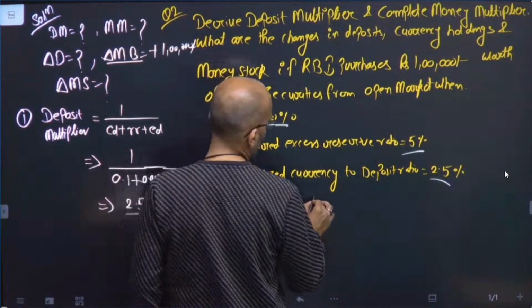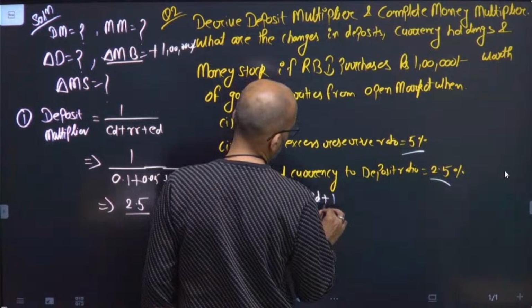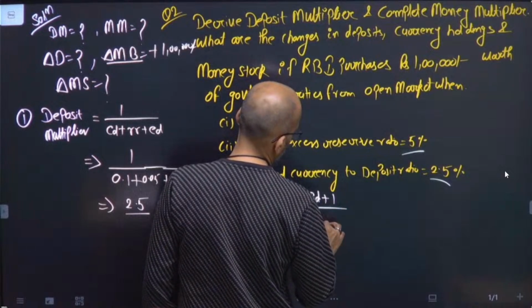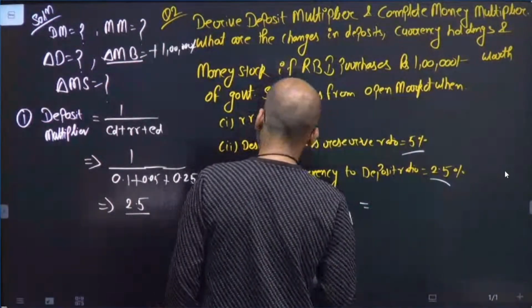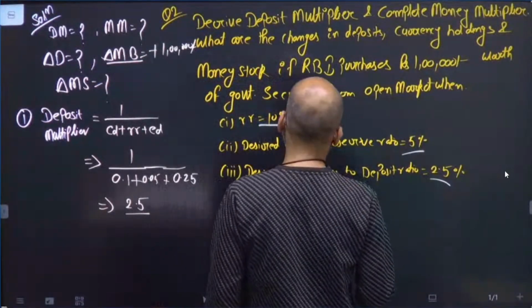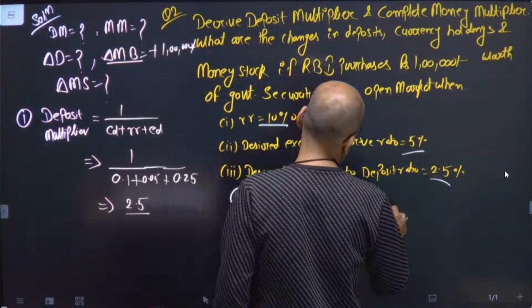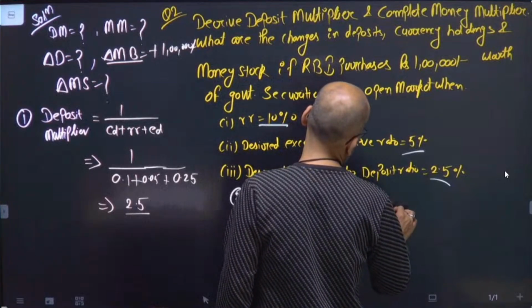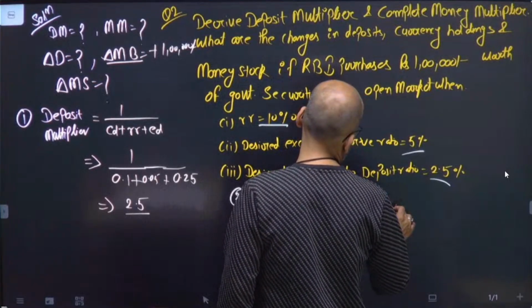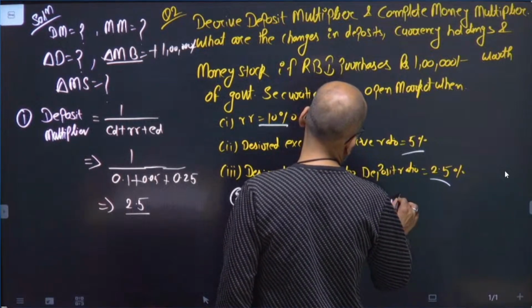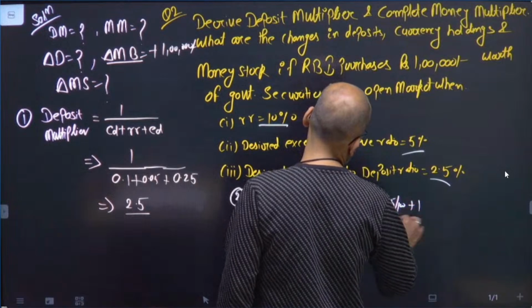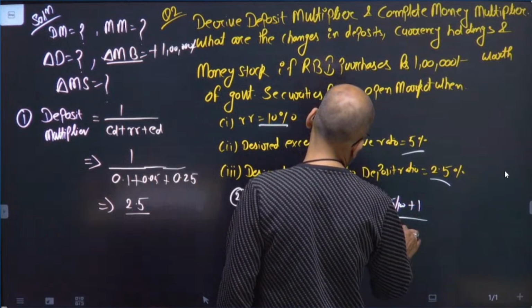It will be, CD is 2.5 upon 100 plus 1 upon 2.5 upon 100.